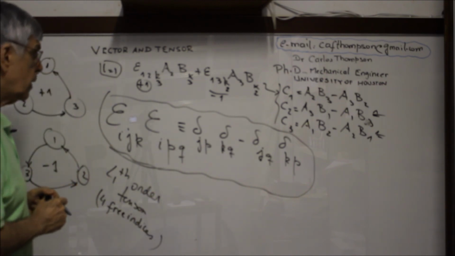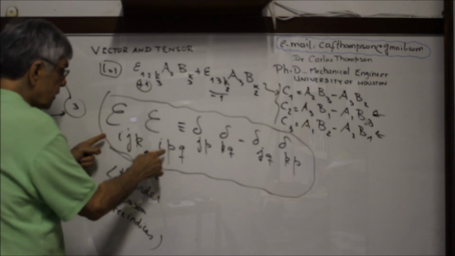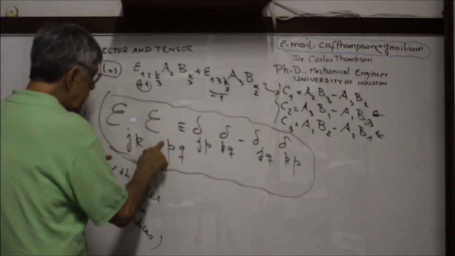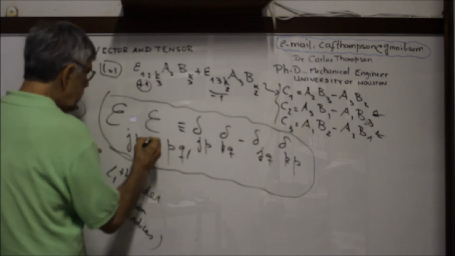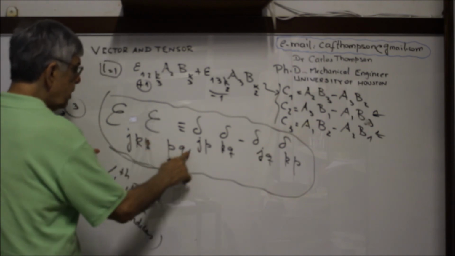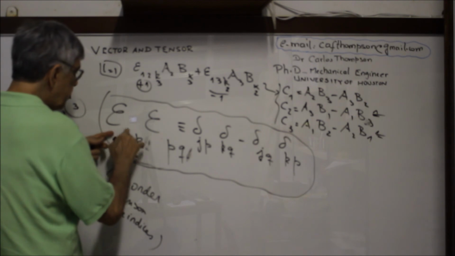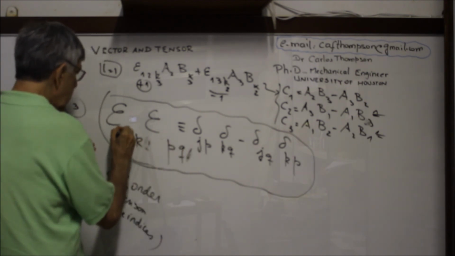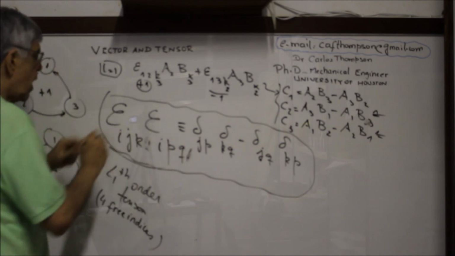Now, you could write this, instead of I and I here, you put I here and I here. It doesn't matter, because the I appears once and twice, here and here, so it's the same thing. I prefer to write the I first.